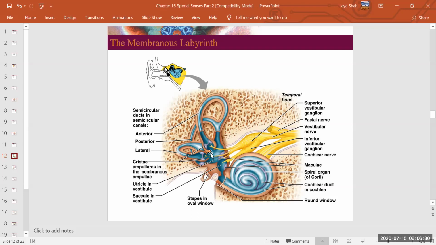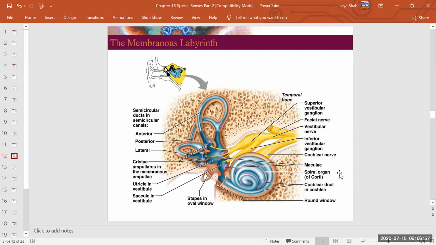The receptor organ in the semicircular canal is the crista ampullaris in the membranous ampulla. This dilated part of the semicircular canal is called the ampulla, and in the ampulla you have receptors called crista ampullaris. Okay, so this is the structure.